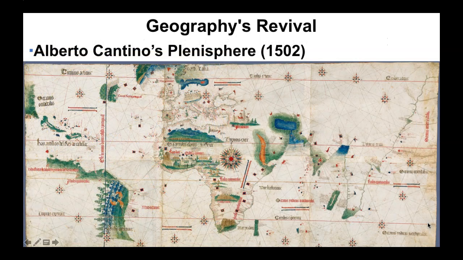However, by 1502, we start seeing the early discoveries of the Americas. This is Alberto Cantino's planisphere. This map was created for Portugal, for the Kingdom of Portugal after explorations in the New World.